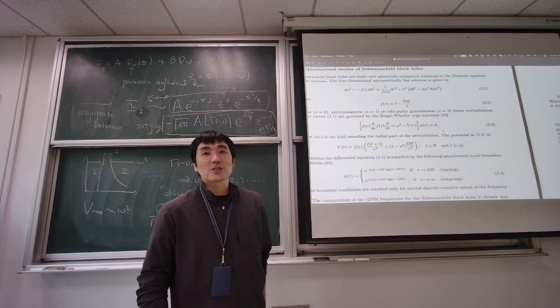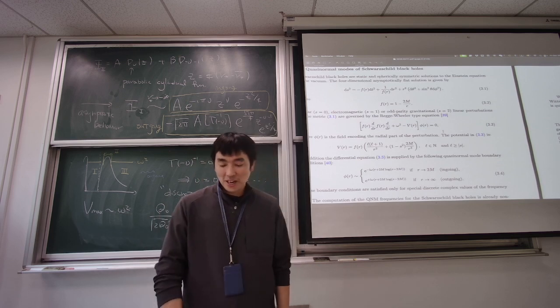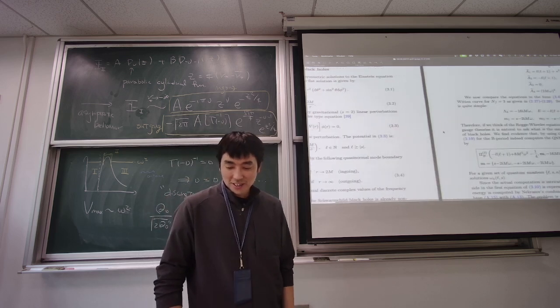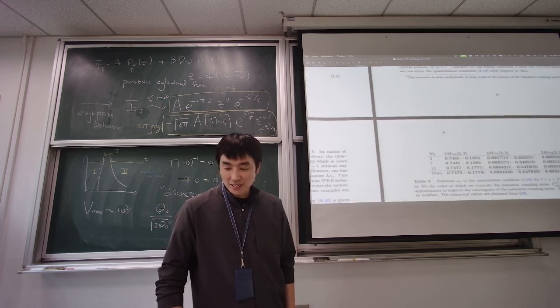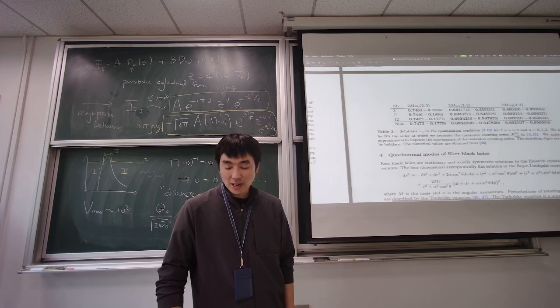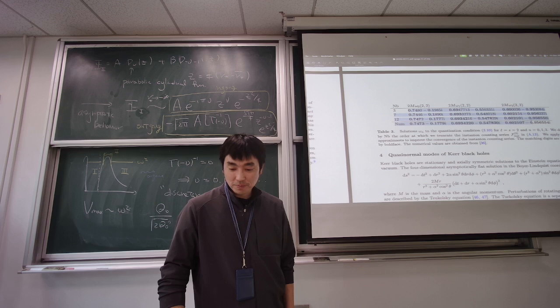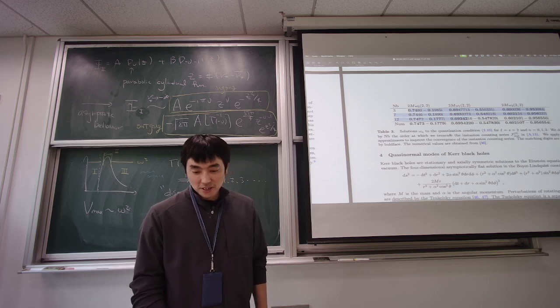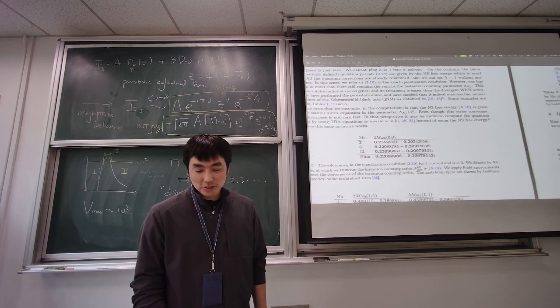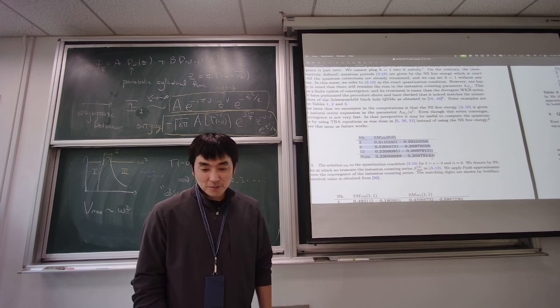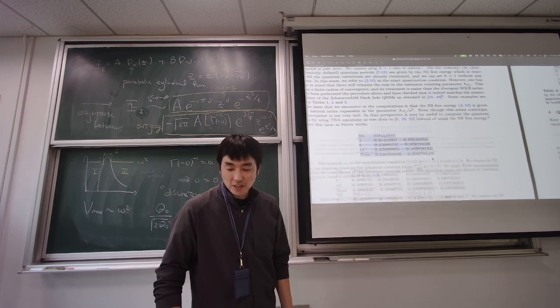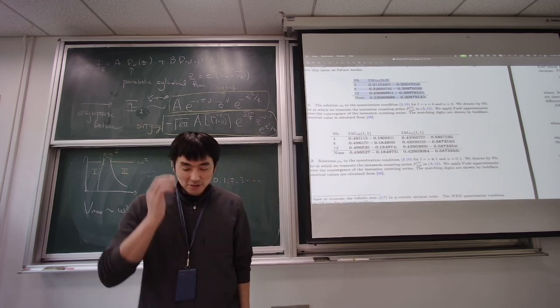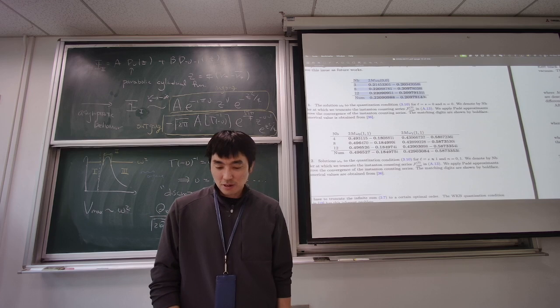If you use the technique of superstring gauge theory, one can solve this quasi-normal mode analytically. And if you compare with the numerical method, it's very, very close to each other. This paper is from 2020, so there are lots of methods one can now apply to this quasi-normal mode.